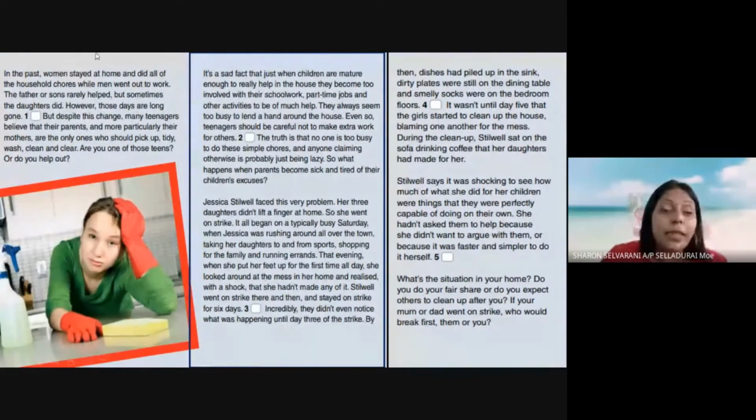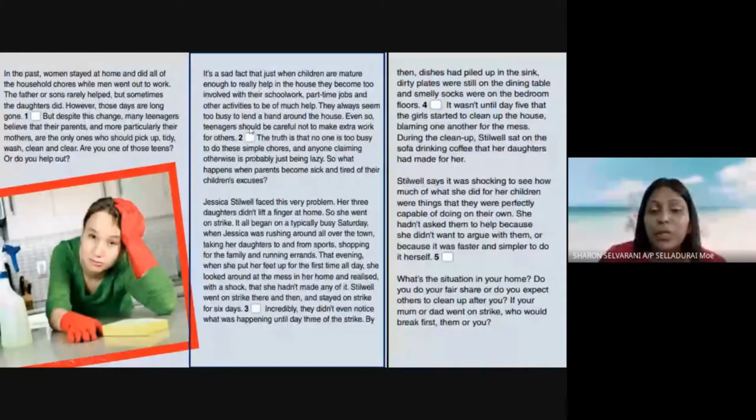All right. So, let's look at this second paragraph. It is a sad fact that just when children are mature enough to really help in the house, they become too involved with their schoolwork, part-time jobs, and other activities to be of much help. They always seem too busy to lend a hand around the house.